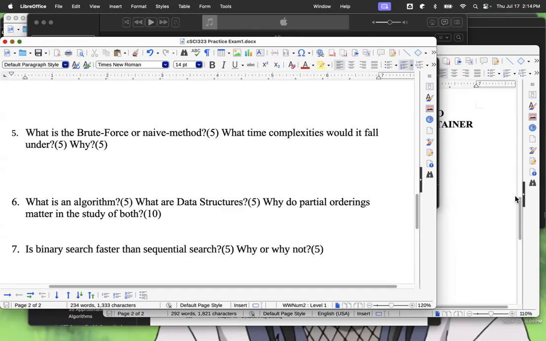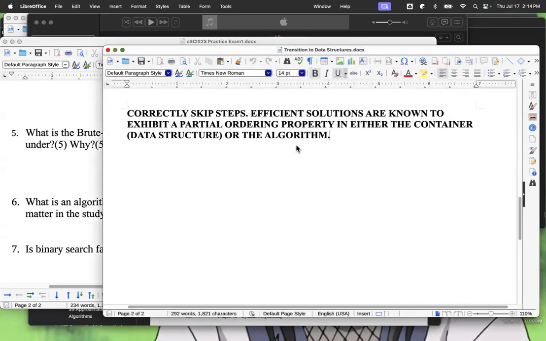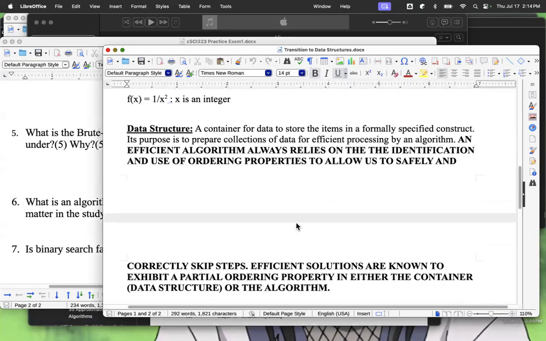Okay, so here's what we said, remember? An efficient algorithm always relies on the identification and use of ordering properties to allow us to safely and correctly skip steps.